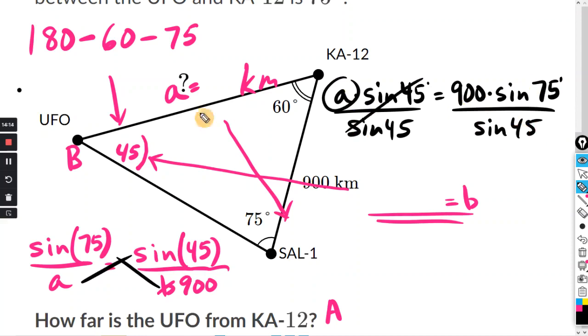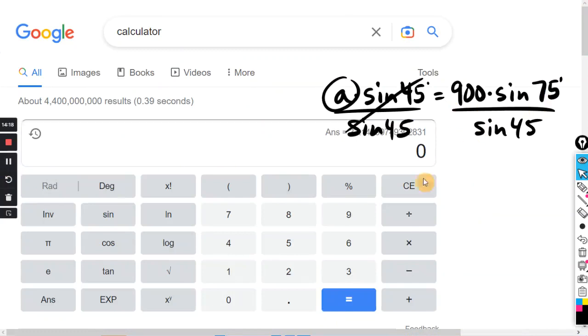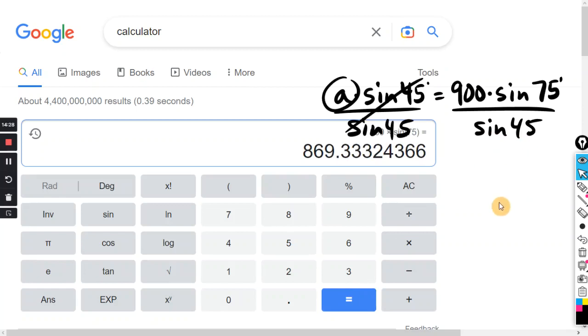This is on the calculator, set to degrees. All right, 900 times sine of 75. Close parentheses, click equals, divided by sine of 45. Close parentheses, click equals.